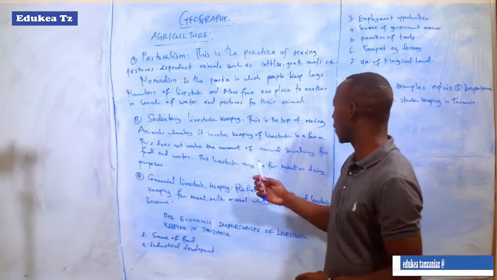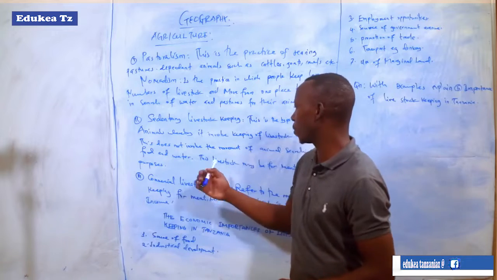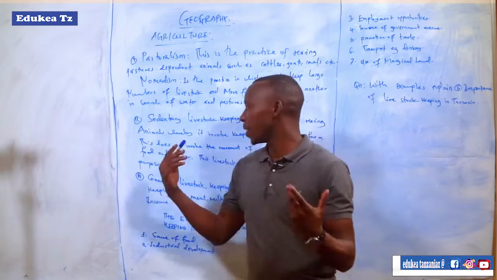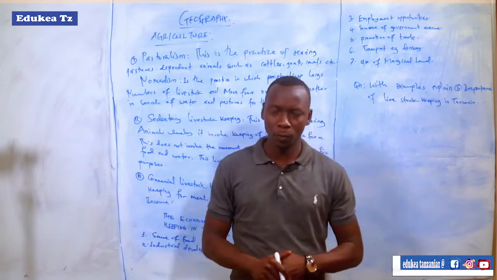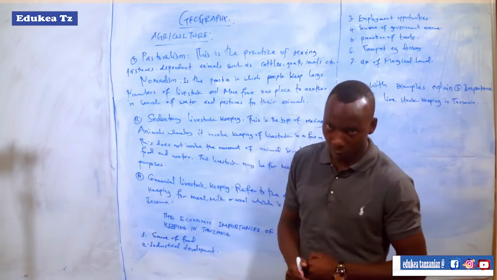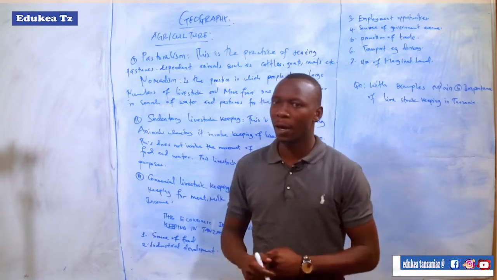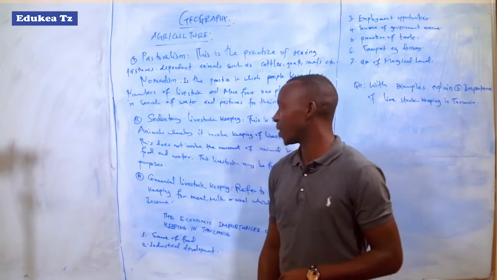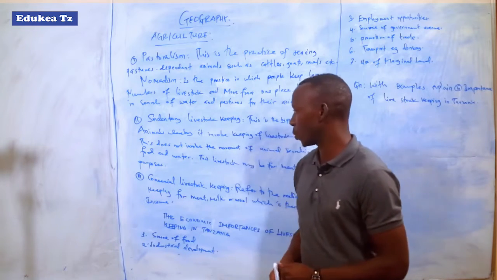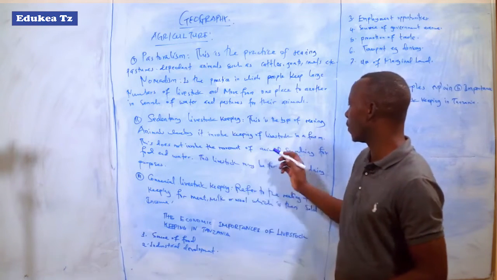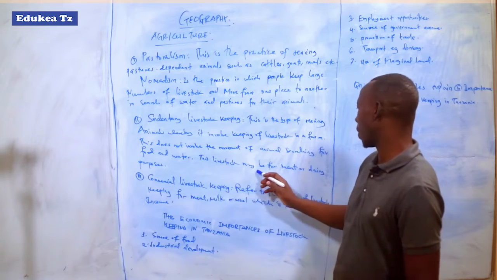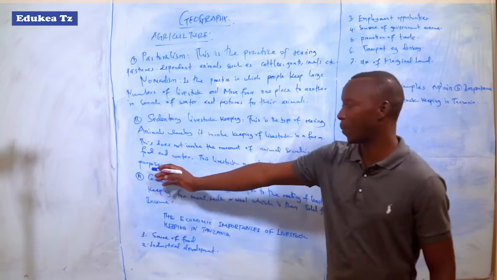Sedentary livestock keeping is a type of rearing animals that involves keeping livestock in a farm. It is the type of livestock keeping whereby animals do not move from one place to another, but are reared for meat and other usage. This livestock keeping may be for meat or dairy purposes.